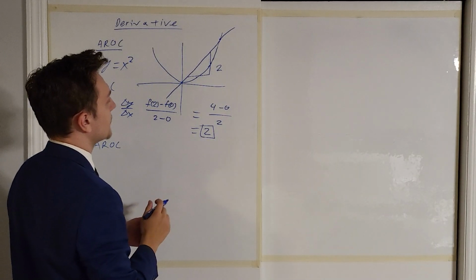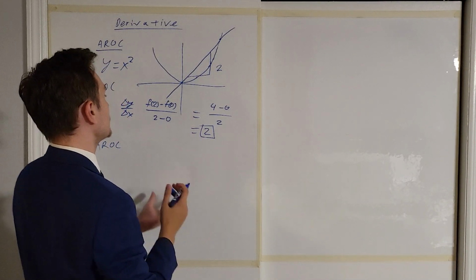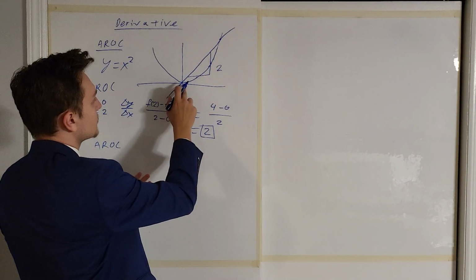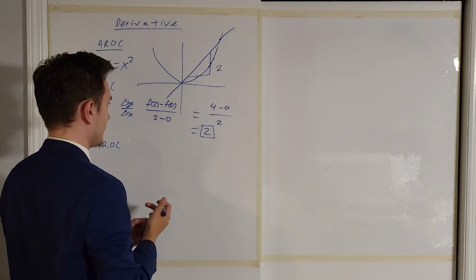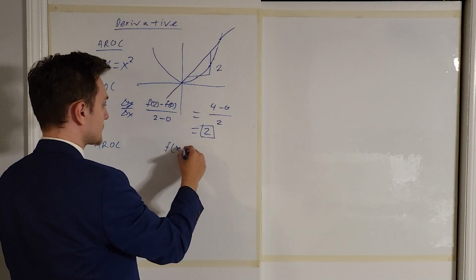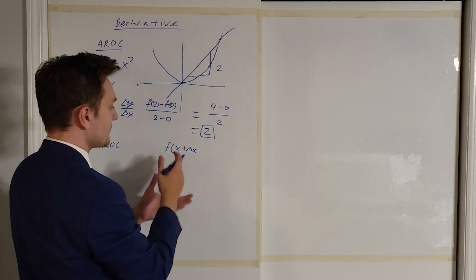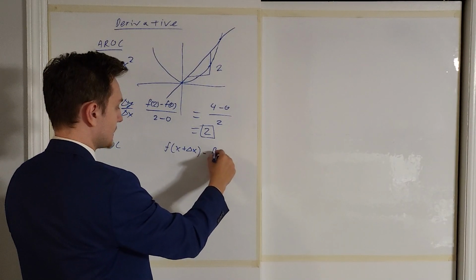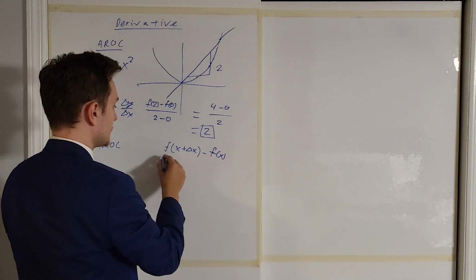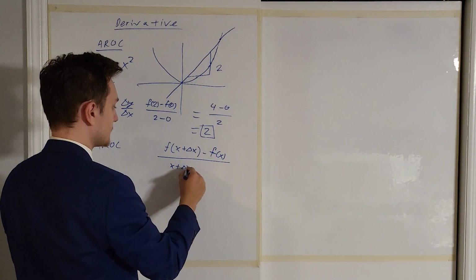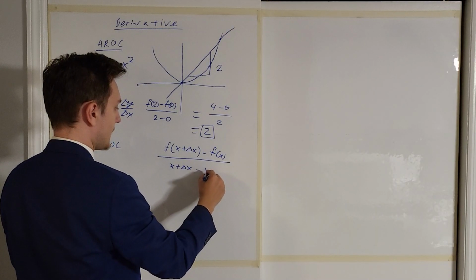Let's say I wanted to find how this function behaves as I move the 2 points closer and closer to x equals 0 right here. Okay, so I'm going to write f of x plus some change in x, minus f of x divided by x plus delta x minus x.